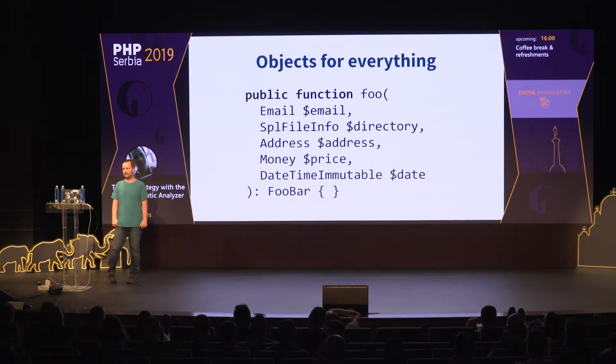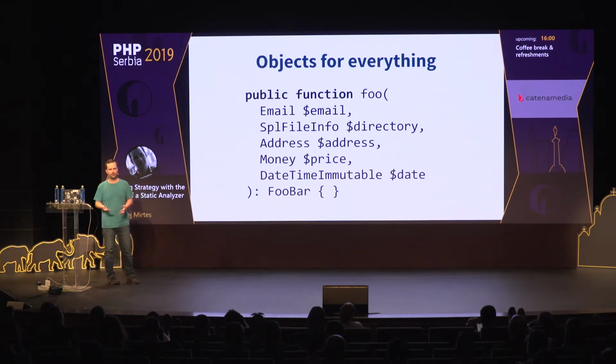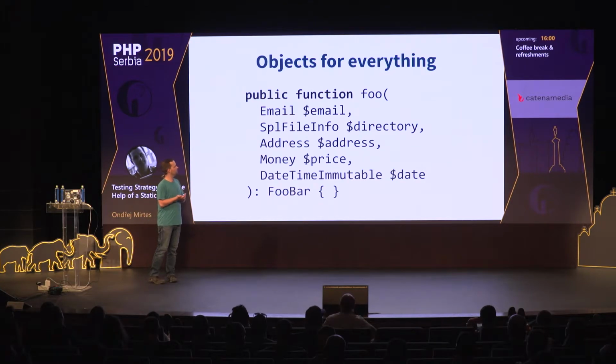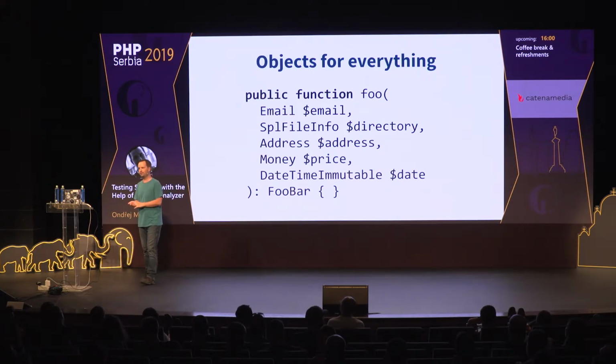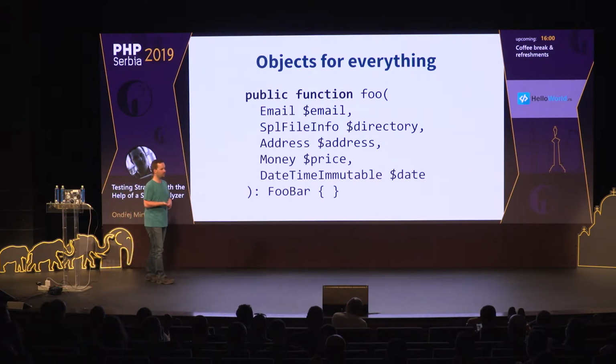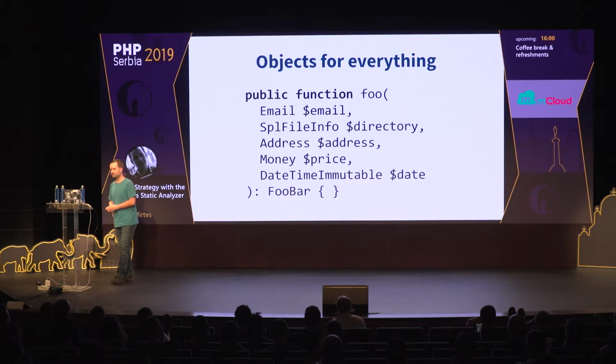Another benefit is that with the type hints you are communicating to the developer what can be passed inside the function. If your emails were strings, you wouldn't communicate to the developer what kind of values can be passed inside, because they could pass invalid strings, or they could make some mistake and pass only a TLD there or something like that.